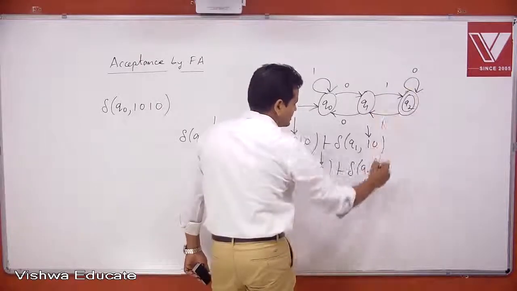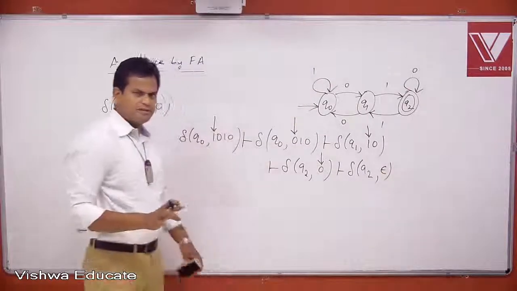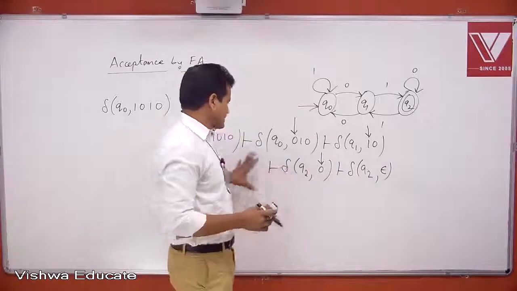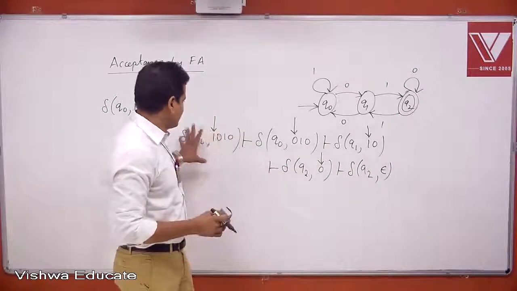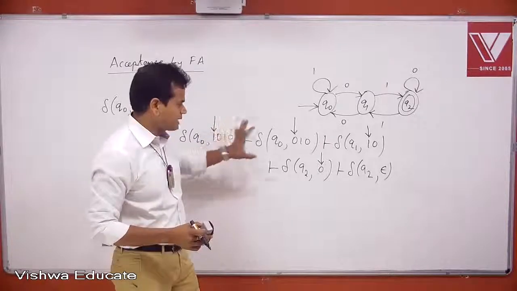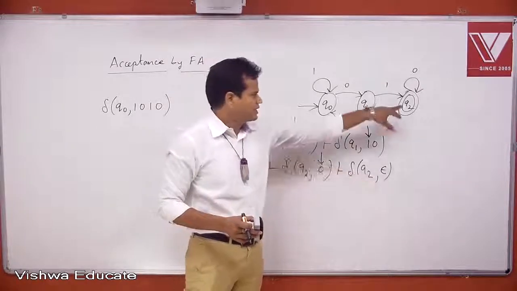The machine remains in the same state and the input string is over, empty. When the string is empty, the machine stops. So here the machine has scanned the string completely, and finally it has stopped in Q2, and Q2 is a final state.